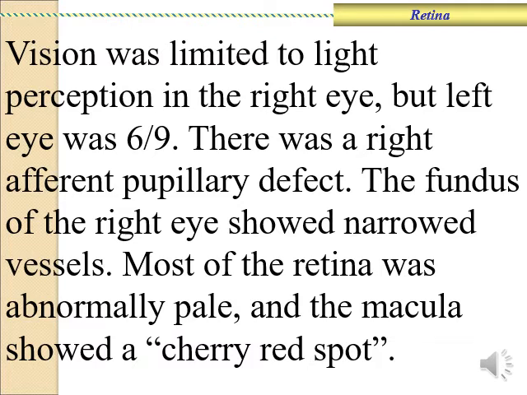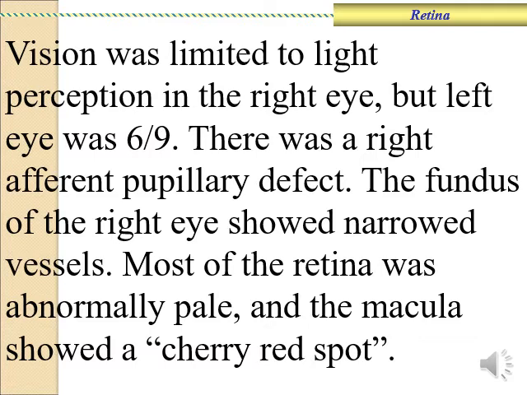Vision was limited to light perception in the right eye, but left eye was 6/9. There was a right afferent pupillary defect. What is the meaning of afferent pupillary defect?